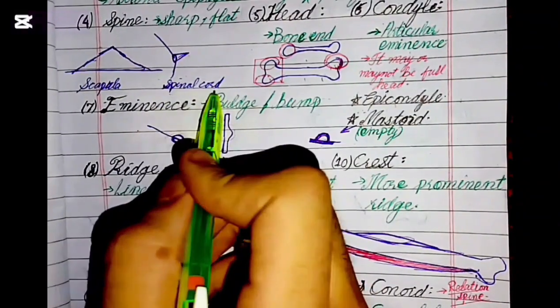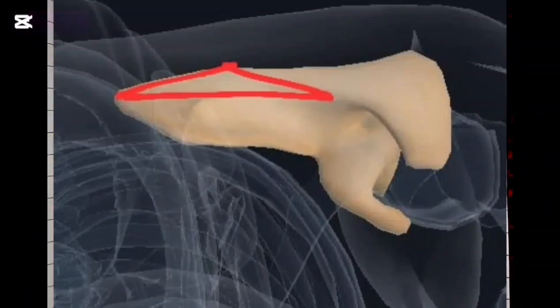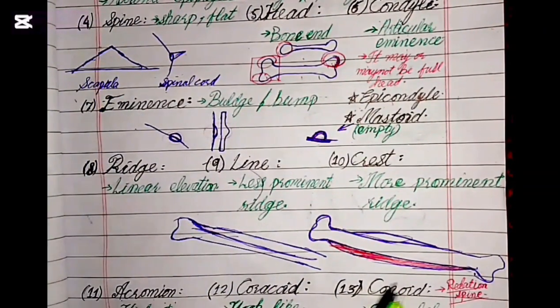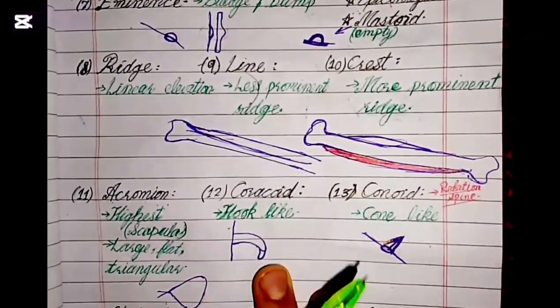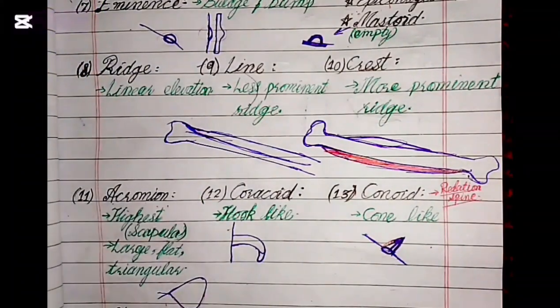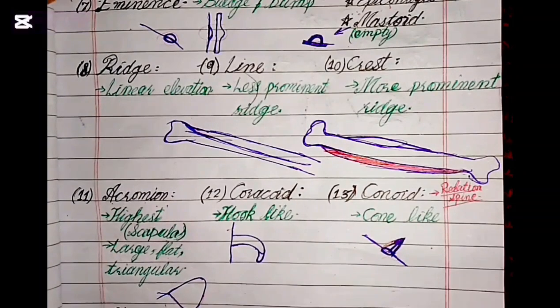In the spinal column it appears like this, and in the scapula it appears like this. In the scapula it is very large. By comparison of spine and conoid, conoid is cone-like and spine is flat. We can also say that conoid is 3D and spine is 2D.